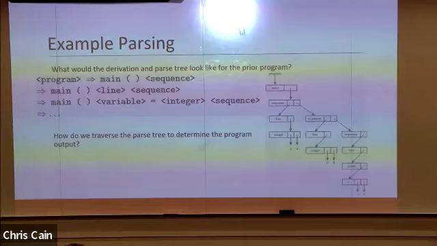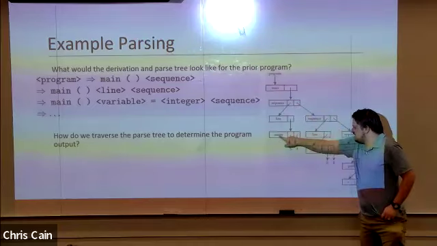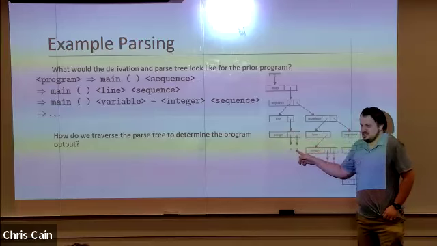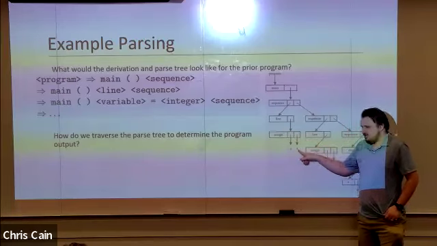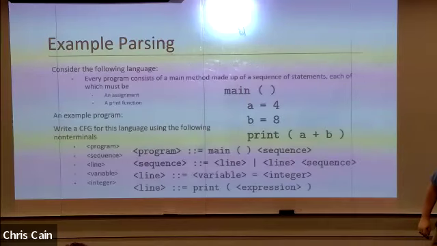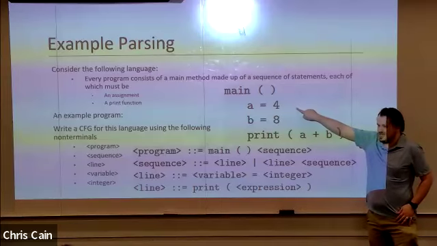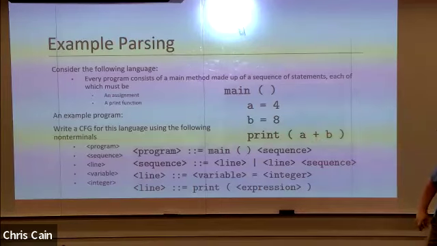If we start at the top and always go left until we can't, then we backtrack and go right, we end up going main sequence, and so on. We get down to a leaf, and the leaf tells us a statement, assign A 4, which if we look back at the program, is the first thing that we need to do. It gives us an instruction for the first actual line of the program.